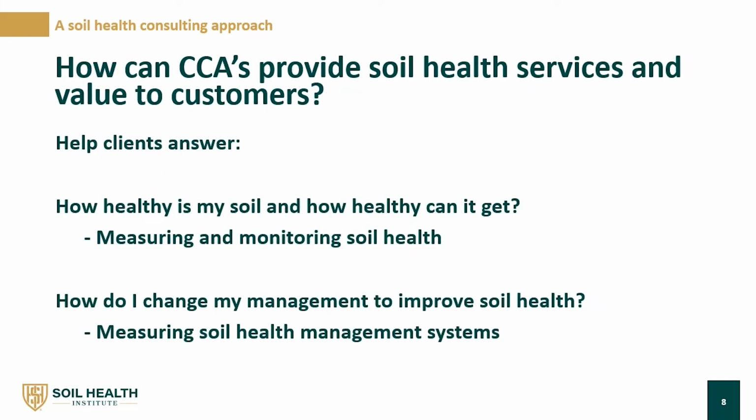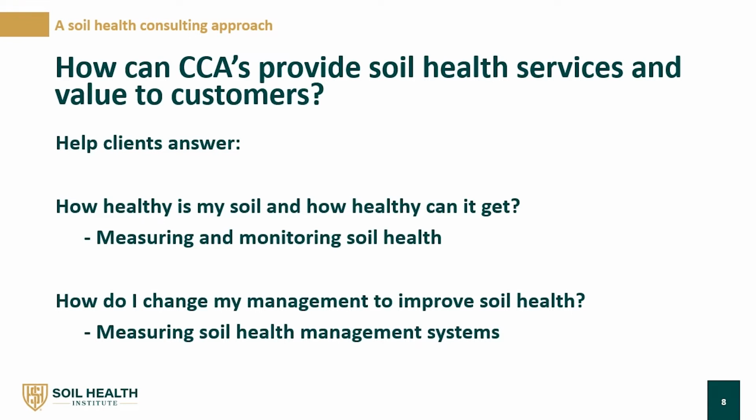If we recap these two main questions, they do a good job of outlining the value that a CCA can provide in terms of soil health services. And that is providing the expert guidance to answer the questions of how healthy is my soil, and also how healthy can it get, as well as how do I change my management to improve my soil's health. And that gets to two aspects where precision ag and soils data can be really useful in helping inform those questions.